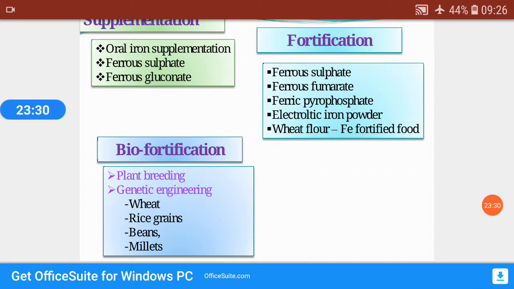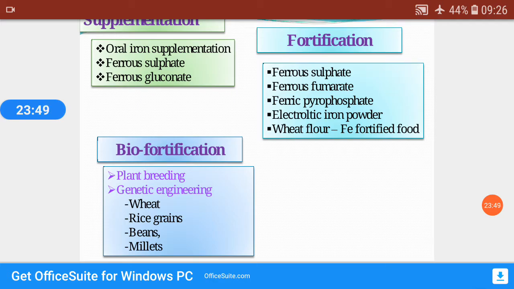During the growth of the plant, they modify the genes to absorb more iron specifically during its growth, thereby increasing the iron rich content within that plant material.